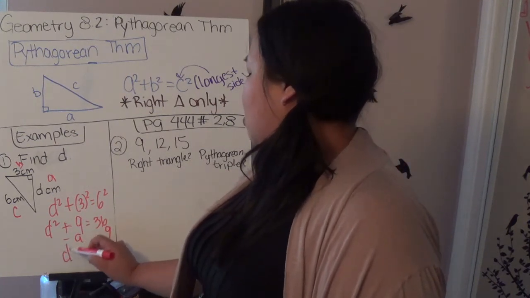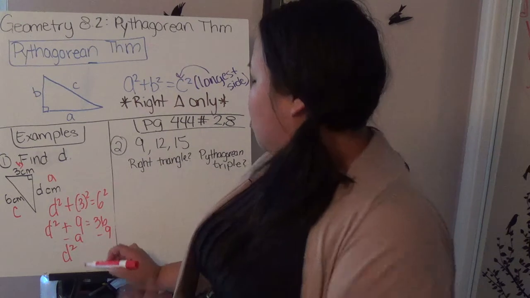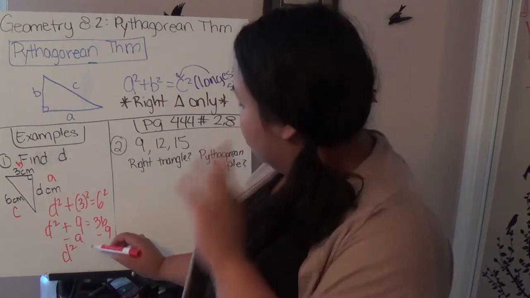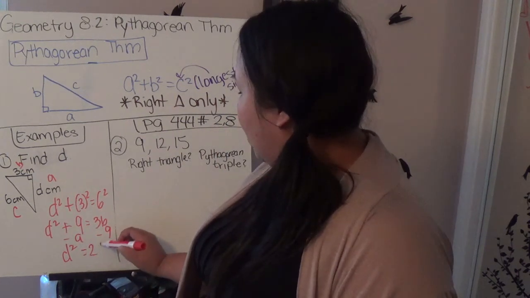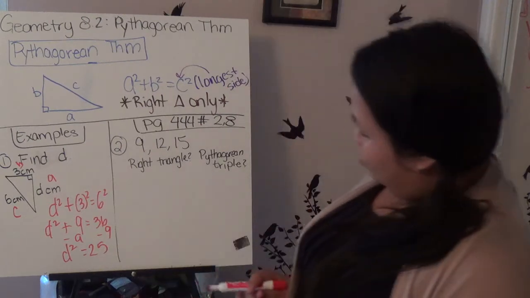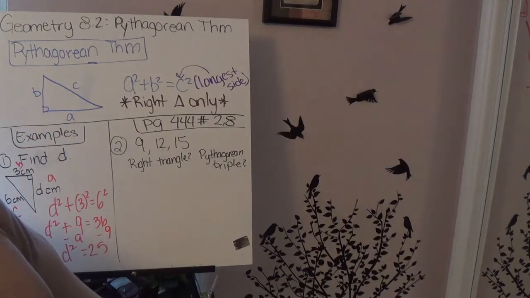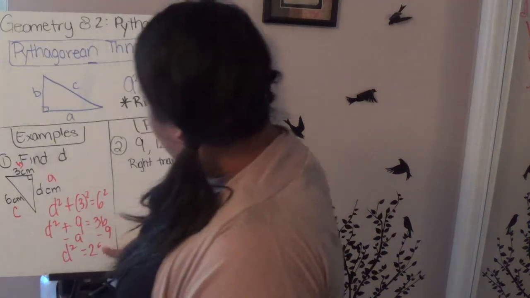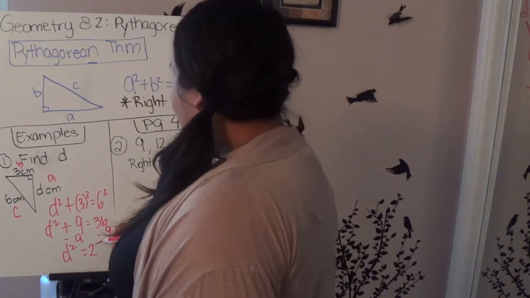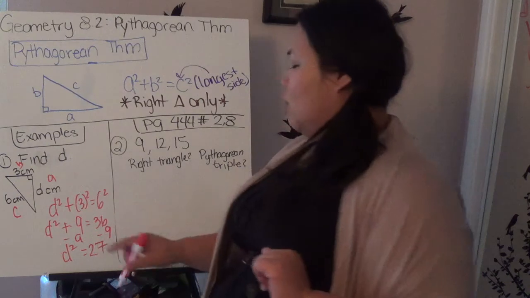I did it wrong. For some reason Miss P's brain is not working, but I corrected it. D squared is 27.